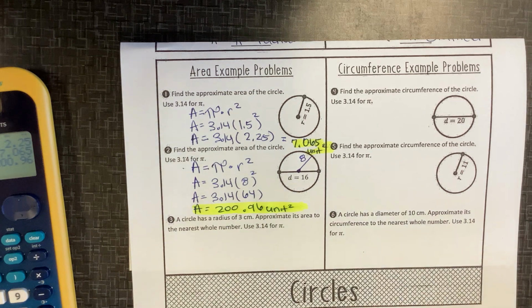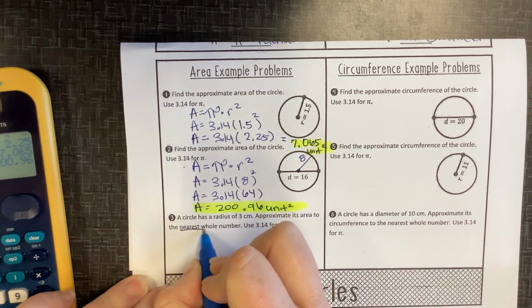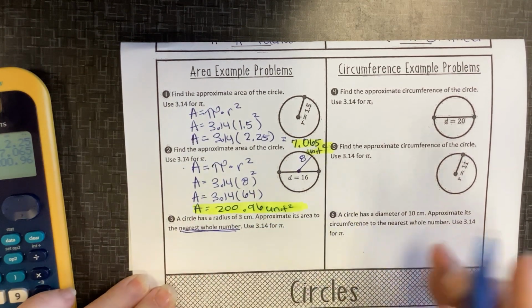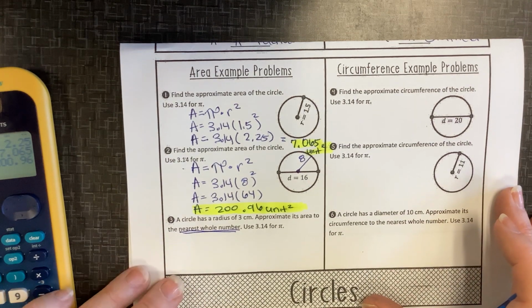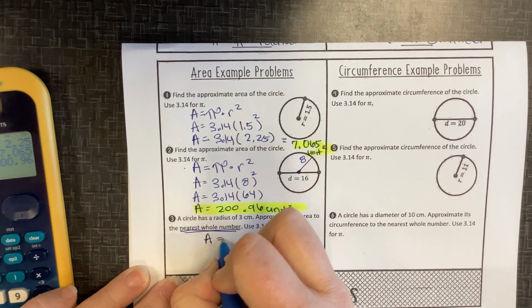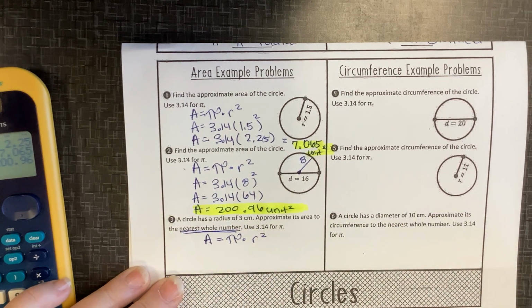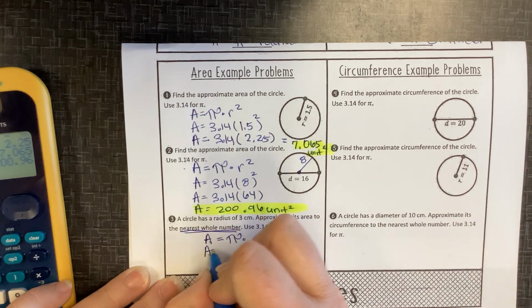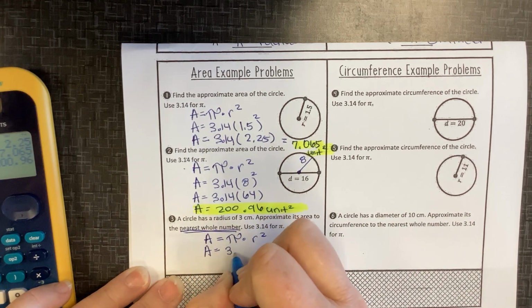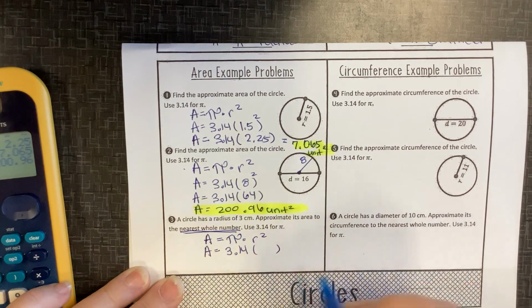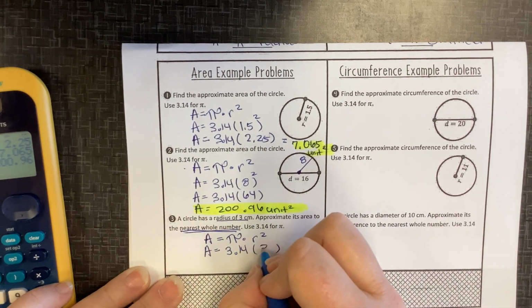Number 3, a circle has a radius of 3 centimeters. Approximate its area to the nearest whole number. So we got to round this time. We want the whole number using 3.14. So again, we're finding area. Use 3.14 for pi. My radius is 3.